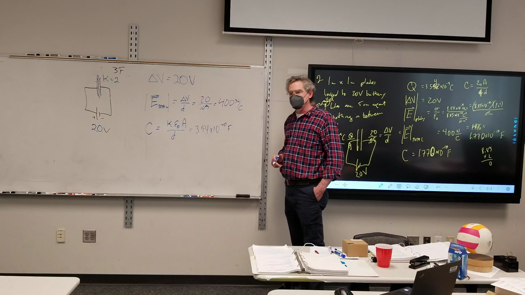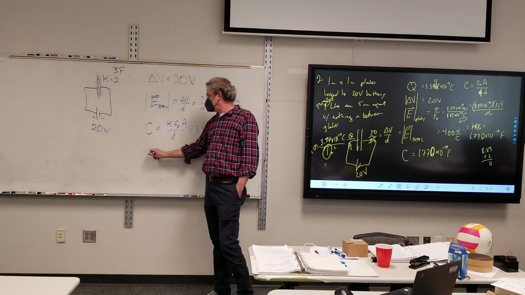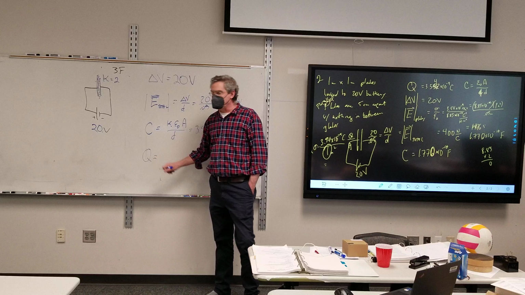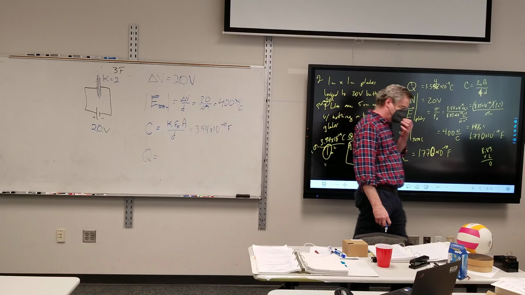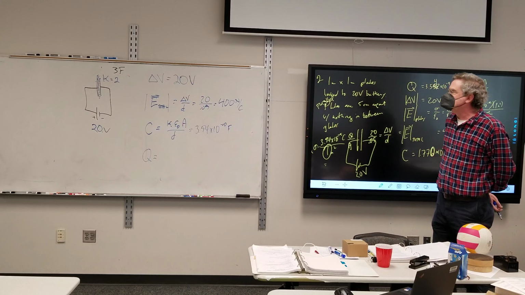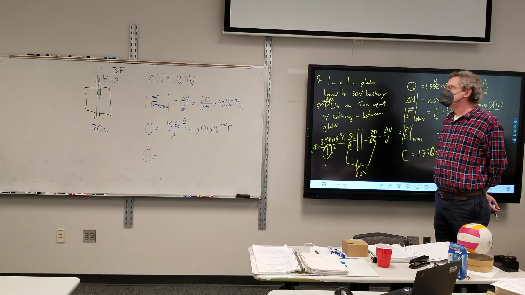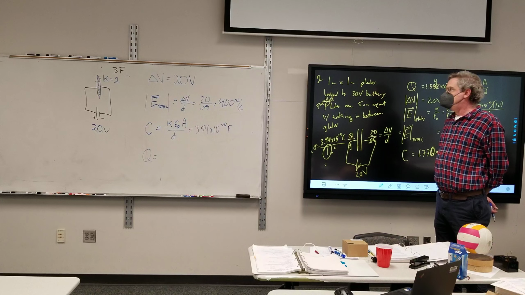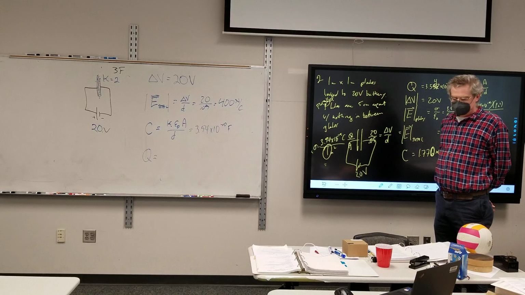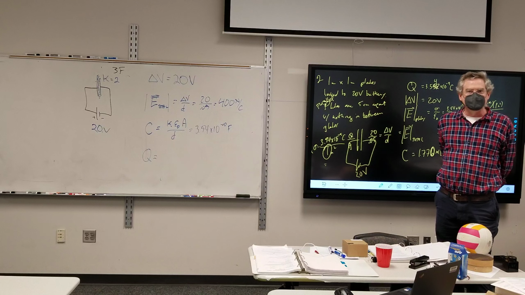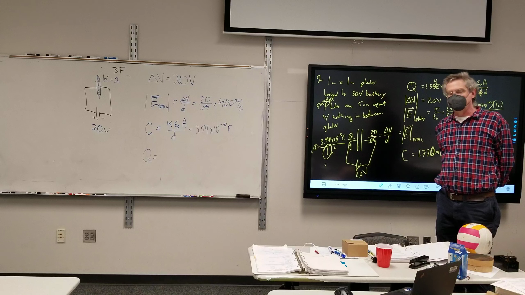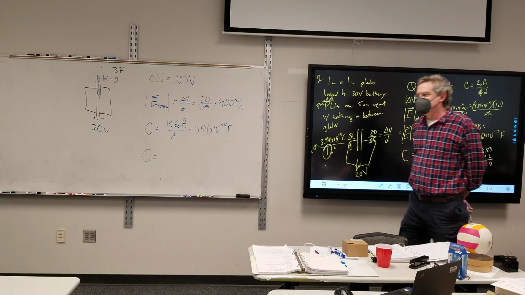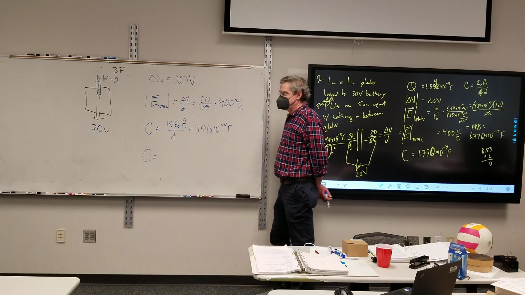Now I can find the charge. How do I find the charge on the plates? There's this charge density times area, except I don't know the charge density. You could do C times the voltage.